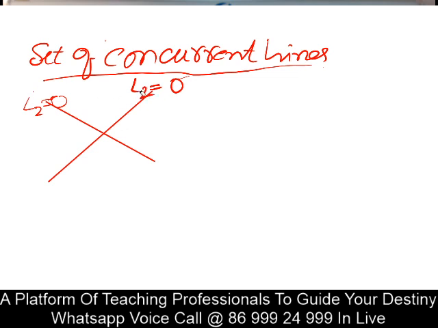Two non-parallel lines means definitely they will intersect at a point P. Then how many lines will be passing through this point of intersection? Infinitely many lines.